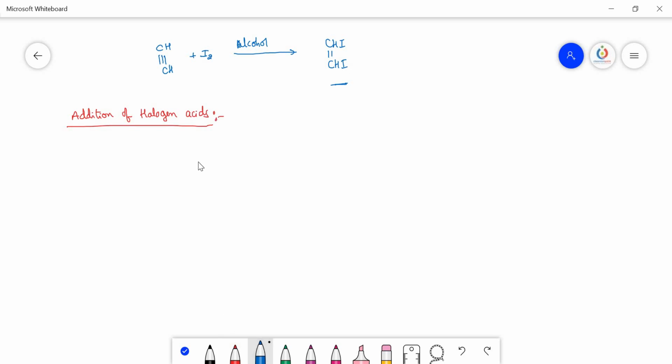So here, generally for alkynes, I will take acetylene as the best example for all these reactions. So acetylene on reaction with HBr: we can say that this is a symmetrical alkyne and this is an unsymmetrical reagent. So an unsymmetrical reagent has to be divided into two parts, H plus and Br minus.